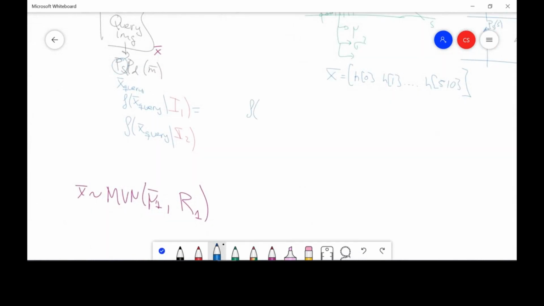So what is the probability, what is the likelihood that I observe this summary given that it is coming from texture 1, with U1, R1, and the same for all the others. And then you compute these probabilities, these likelihoods.